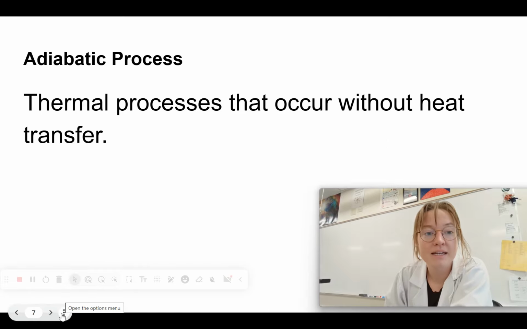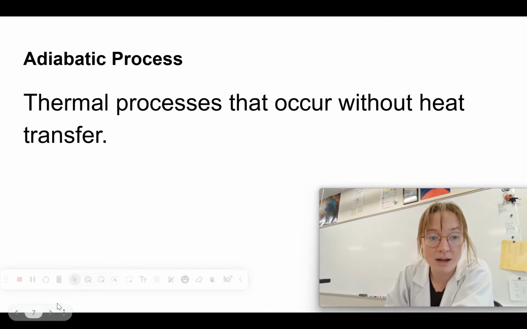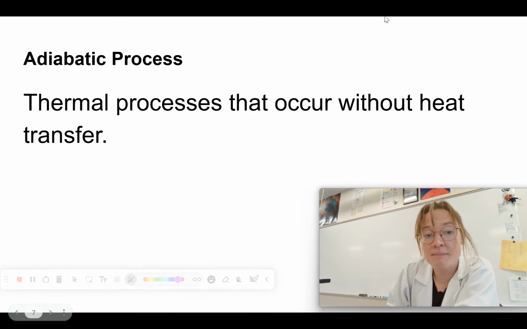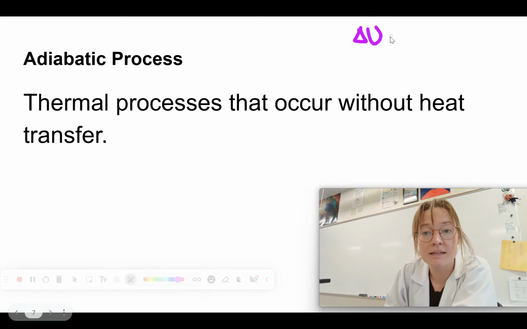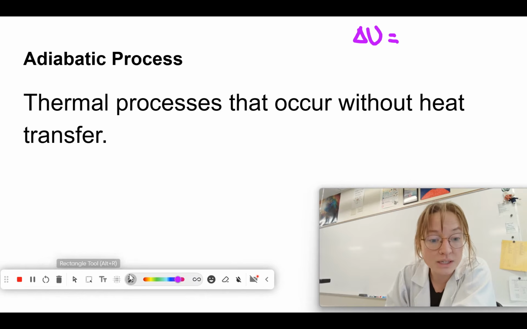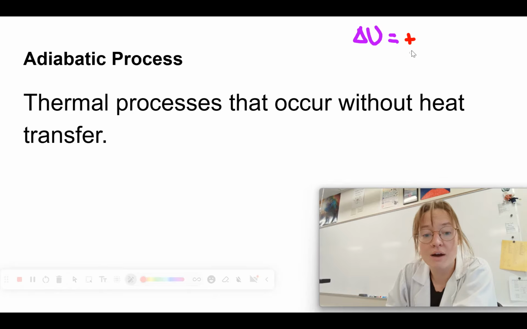Okay, next we'll talk about an adiabatic process. Once again, let me write my equation here. An adiabatic process is a thermal process that occurs without heat transfer.